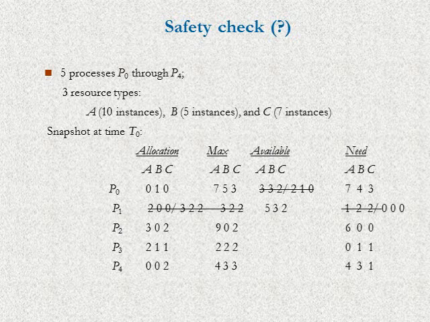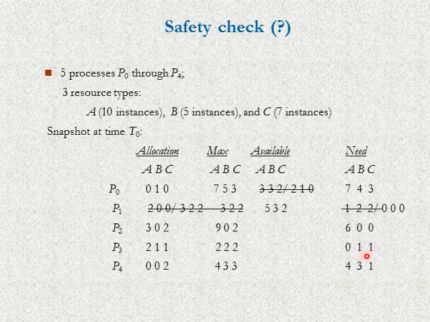Moving on, do we have any other process that can complete its execution within these available resources? Let's look at P2. As you can see, P2 requires 6 instances of resource A which are not available. So we move on to the next process, which is P3.